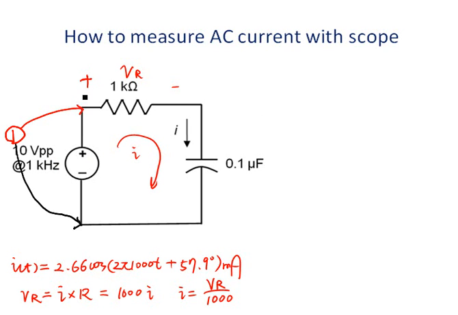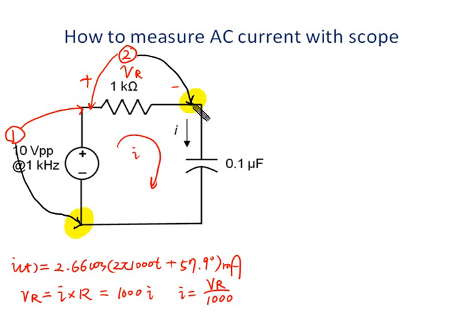Notice here, a common mistake is that someone tried to connect the second channel of the scope directly across the resistor. So the black probe is connected here. Notice here, the black probe for the oscilloscope is really grounded. So here, this point is grounded for channel 1.